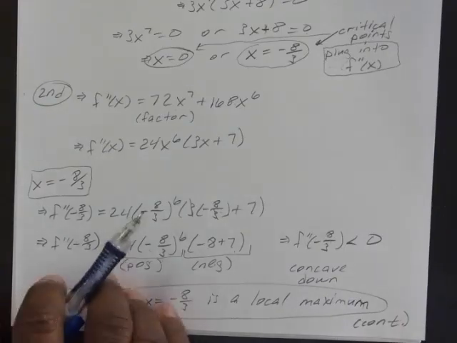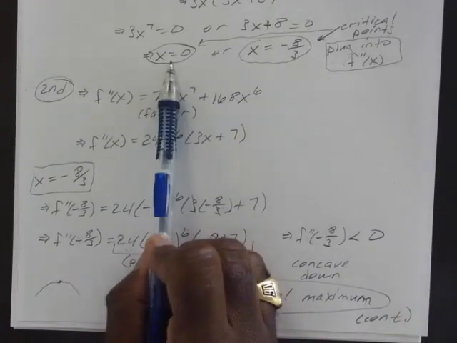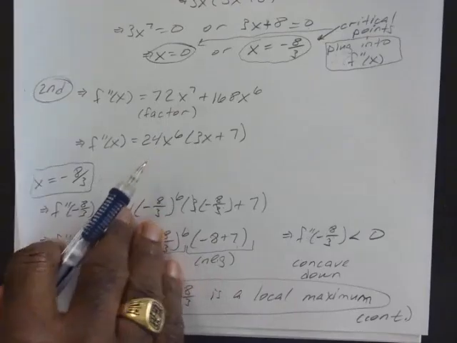Okay. Now let's look at our second critical point where x is equal to 0.